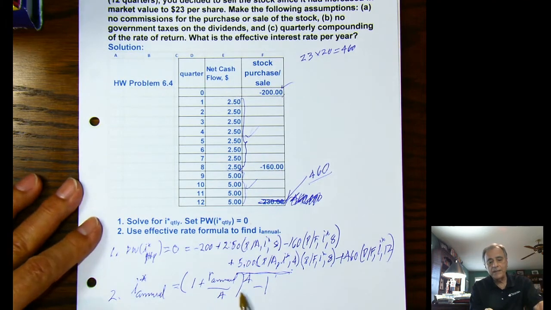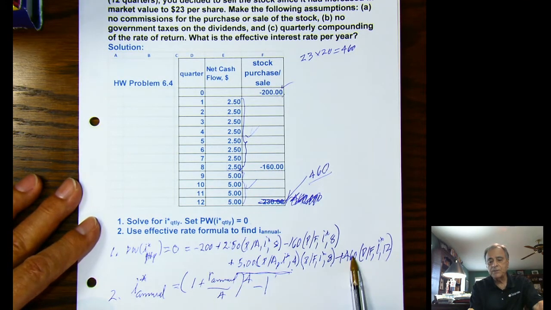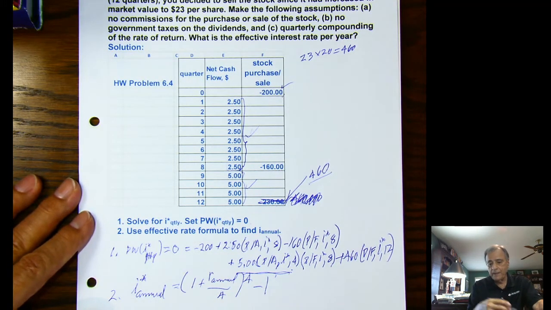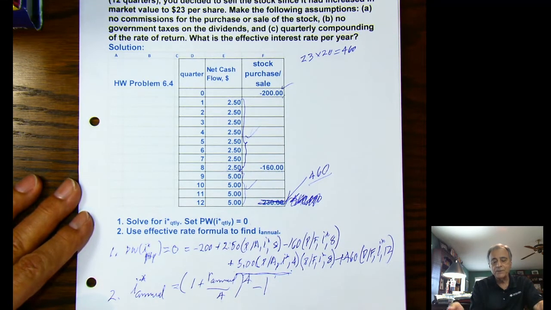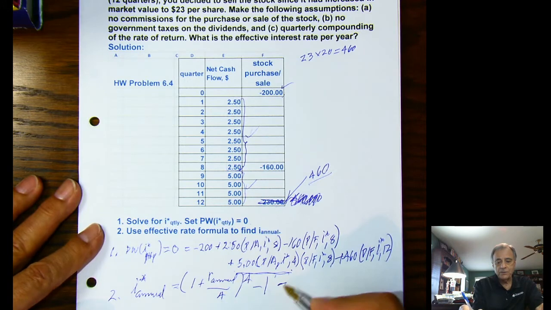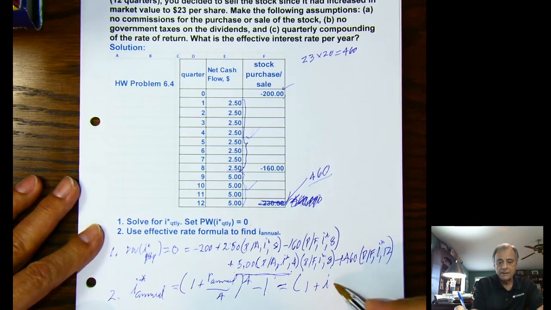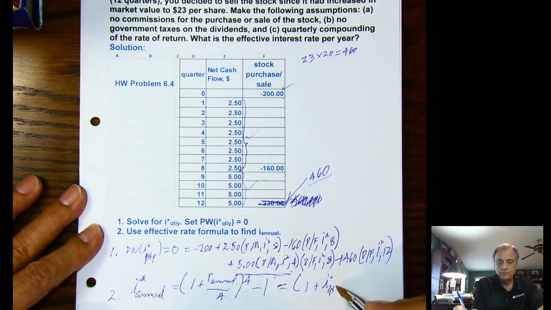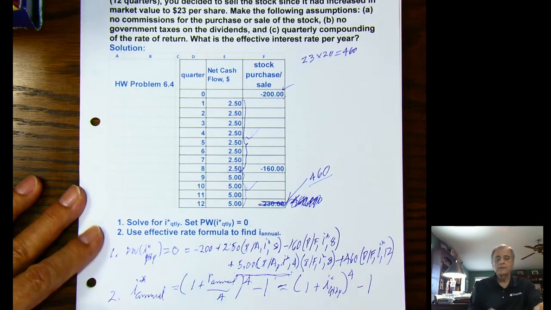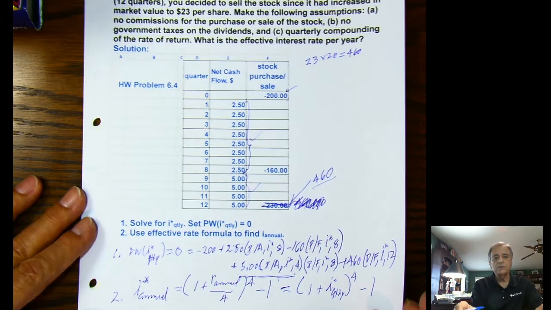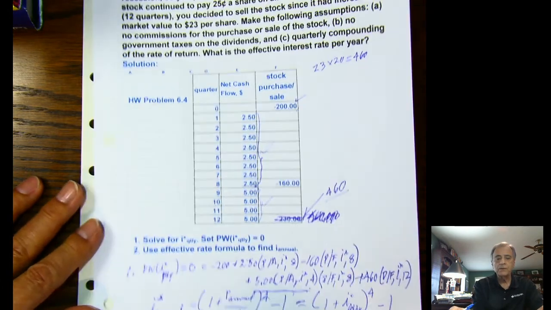What's R annual? Well, it's going to be 4 times the quarterly rate. And so when you multiply by 4, then divide by 4, you're just going to get I annual equals 1 plus I star quarterly to the fourth power minus 1. So that'll be how you solve problem 6.4.